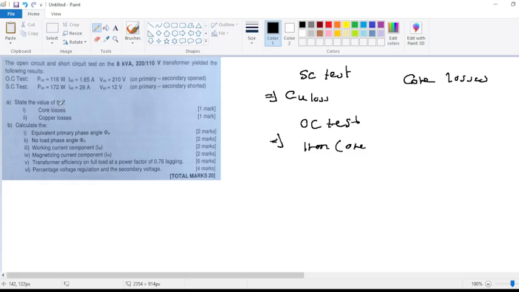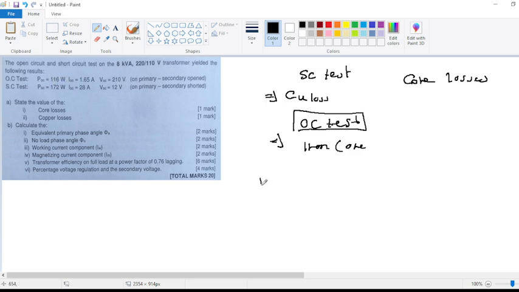Okay, so now the question says state the value of the core losses. Like we've said, the core losses, which are the iron losses, are determined on the open circuit test. So what loss have we been given here? This is the loss we've been given, the 116 watts.